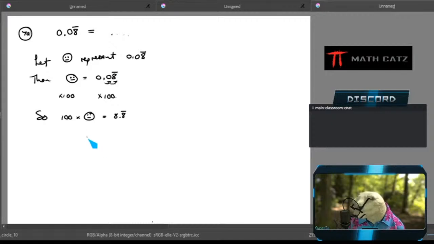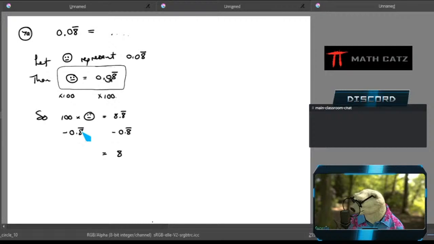Okay. So I want to do the same thing as before. I want to throw away the decimal tail, which is now 0.8 repeating. I have to move the decimal point of the top one once. Then they'll look the same. That means I have to multiply by 10.